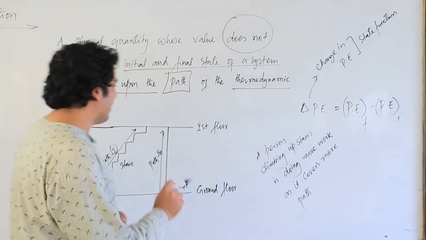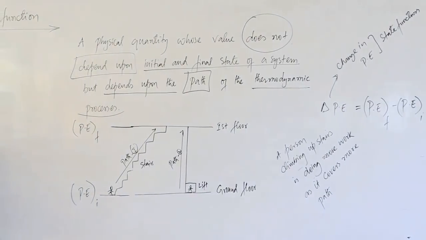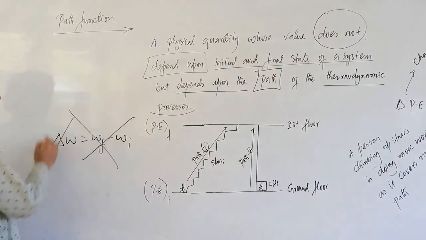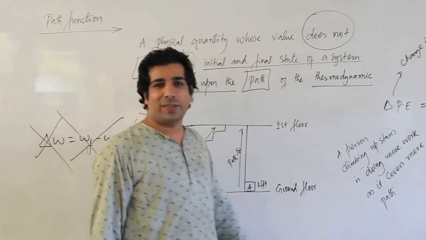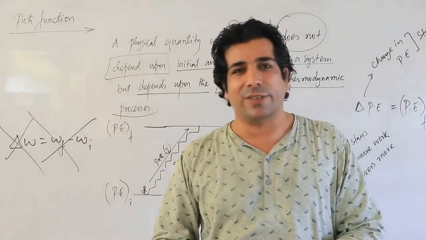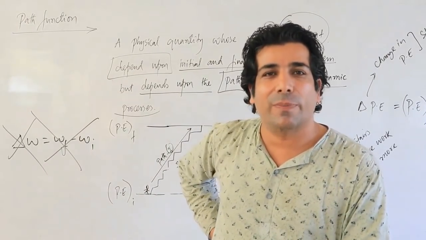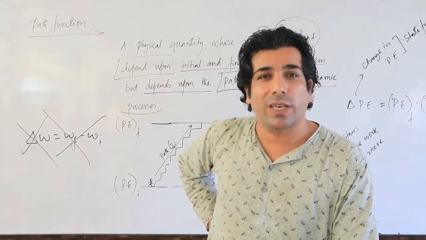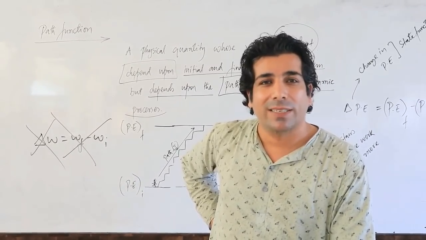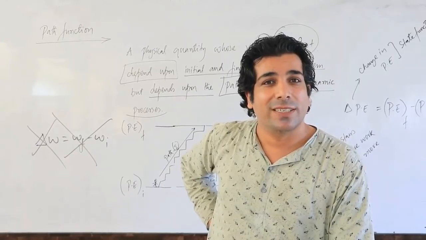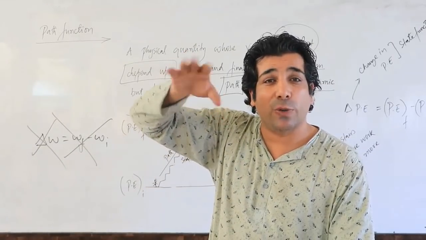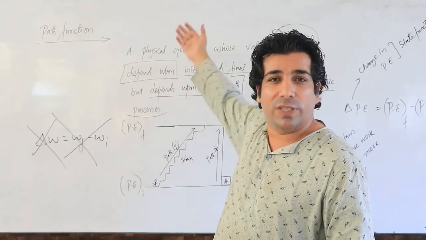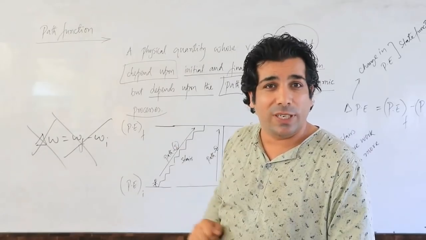I cannot say that change in work is work final minus work initial. That is a wrong statement because work does not depend upon the final and initial state of a system. Work depends upon the path. If you cover more path, you are doing more work. If we cover less path, then you are doing less work. So climbing upstairs means you are doing more work. But while going by lift from the ground floor to the first floor, yes or no, you are doing less work.